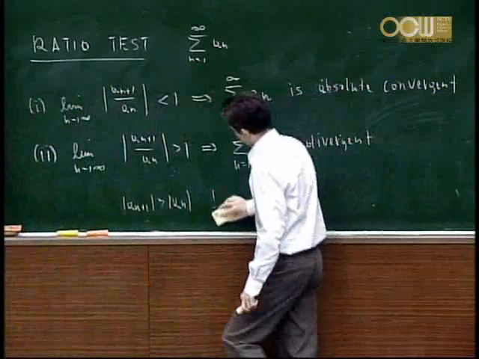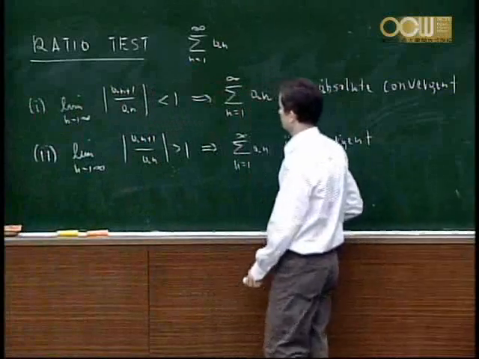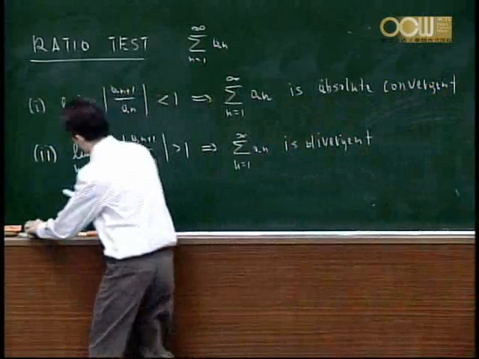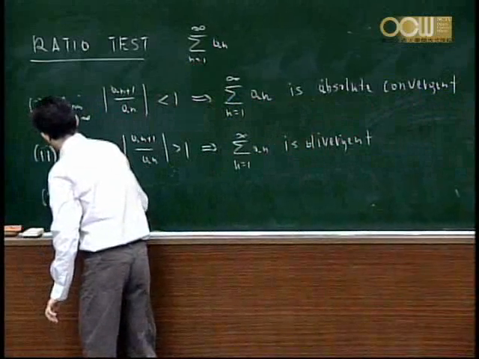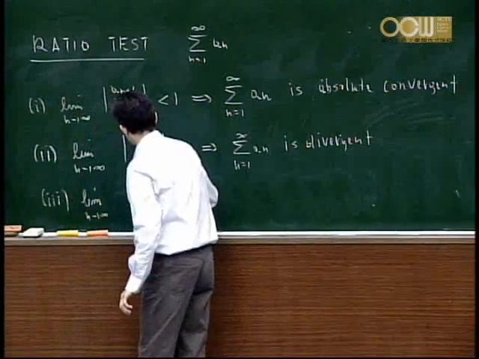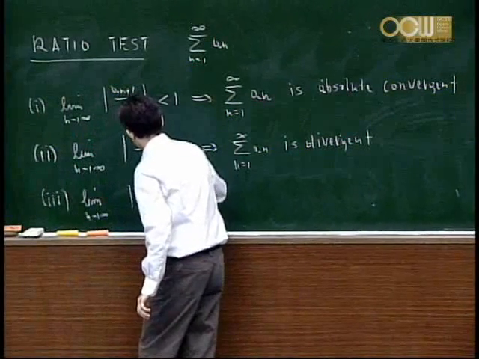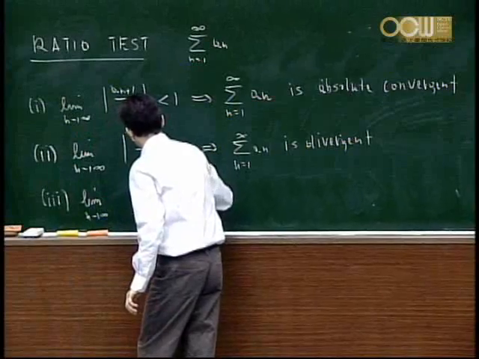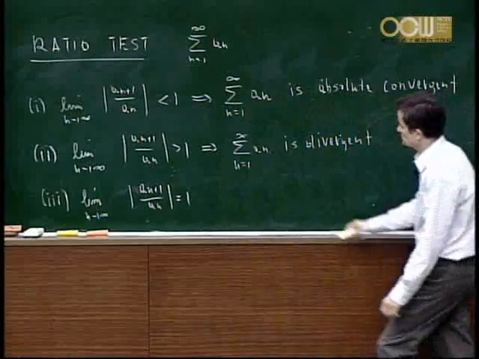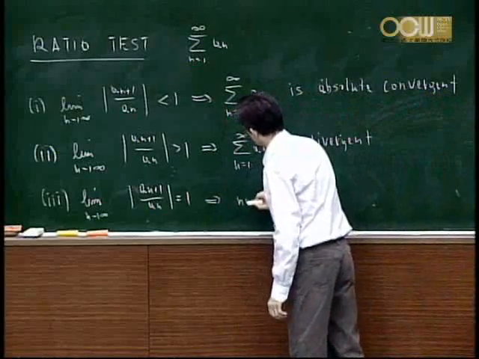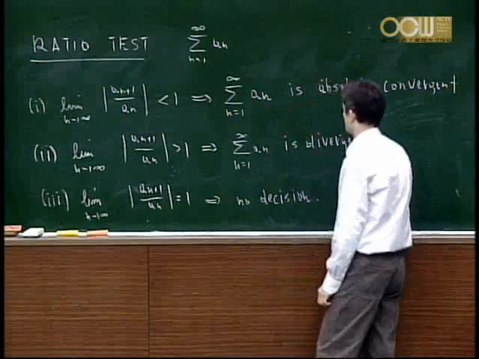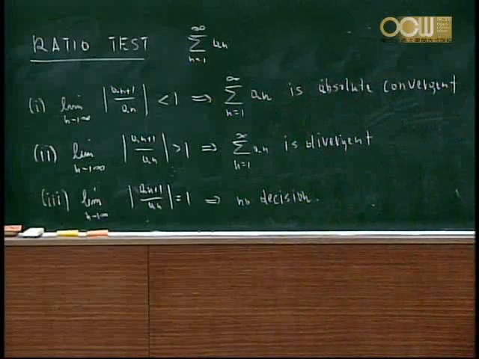Now you see, there is only one situation left, namely the limit is equal to 1. And in this situation, no decision. So this test is useless in this situation.